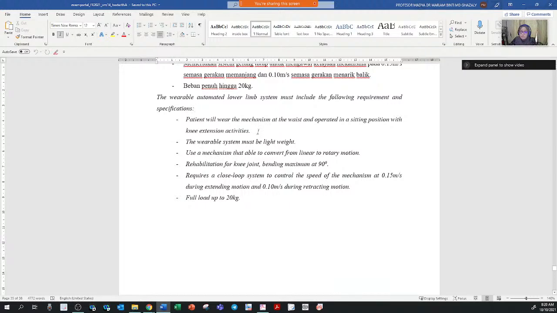The patient will wear the mechanism on the leg and operate in the sitting position with extension and bending, so the knee needs to be extended. The wearable system must be lightweight.